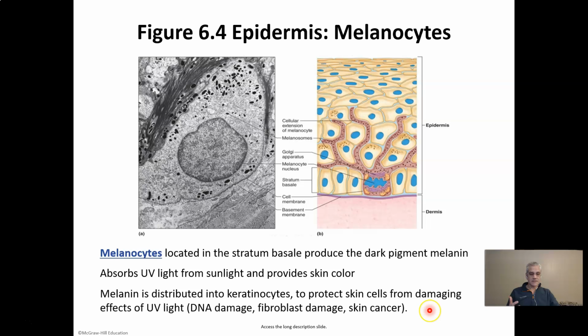Now, of course, the idea there is to protect, especially to protect the stratum basale, because these are the living mitotic cells. We want to protect those cells from damage to the DNA, which would alter their expression of proteins, and that may lead to either cancers or some sort of tumor growth, whatever. The melanocyte is the protection there with its melanin.